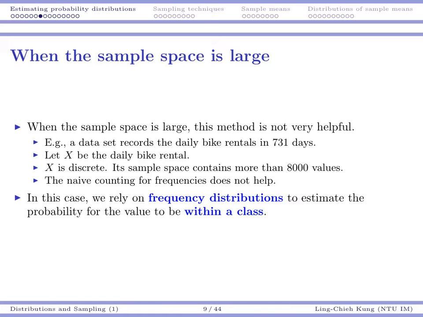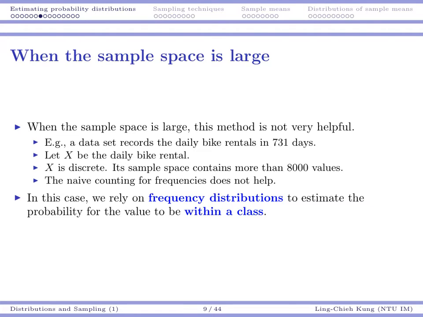And it would be hard if we just want to count the frequency for each possible value, okay? When the number of historical data points is much less than the sample space, then that method would just not be okay. So now we're going to do frequency distributions first instead of just counting frequencies.